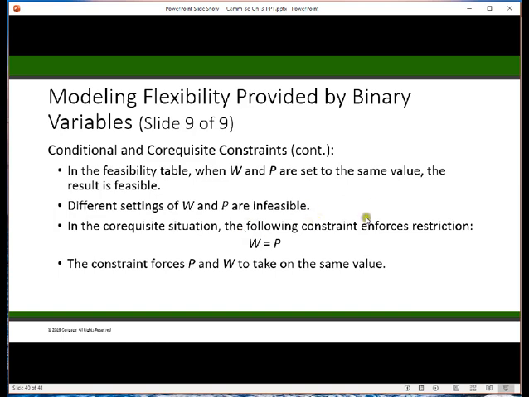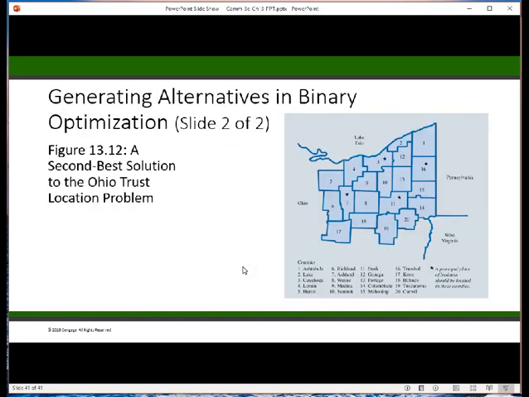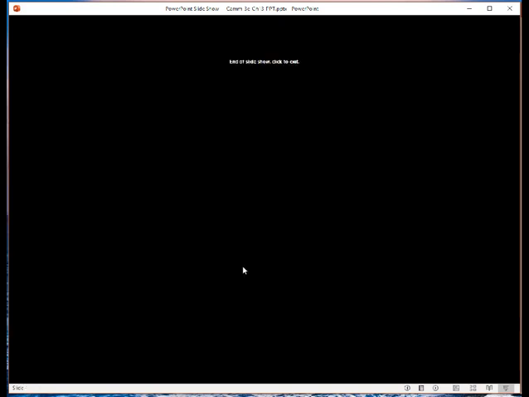So for the co-requisite, we just add a constraint, W equals P, so that they cannot have a 0 and a 1 or a 1 and a 0. They can both be 0 or they can both be 1. So that's how we would add in the co-requisite constraint. Okay.